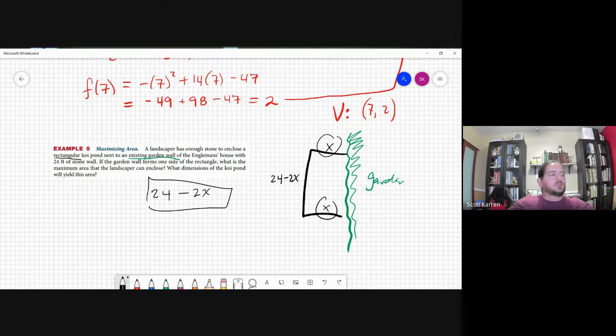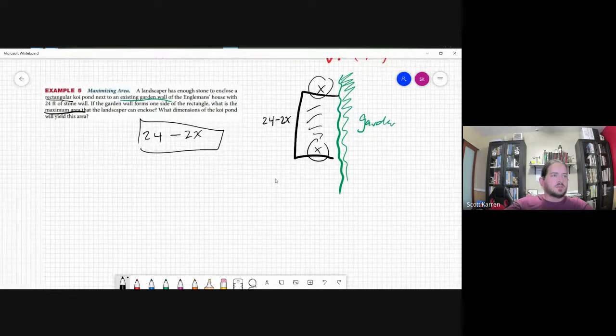Now we're trying to maximize the area, right? We want to make this as much two-dimensional space as we can. That area is given by the function length times width. And so in this case, one of those values is x, and the other is 24 minus 2x, right?